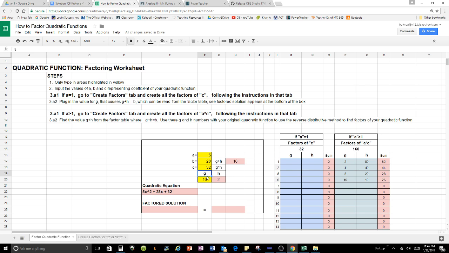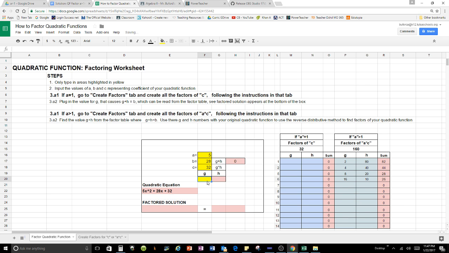We're looking for a factor where the product of 5 times 32, which is 160, sums to 28.